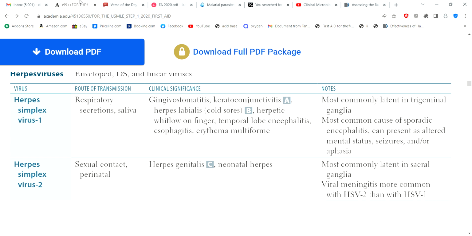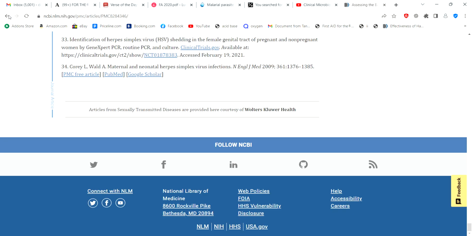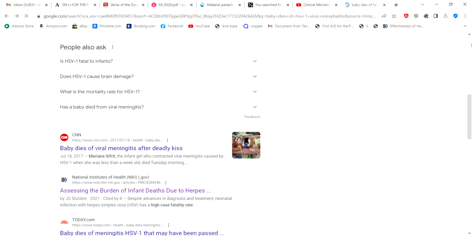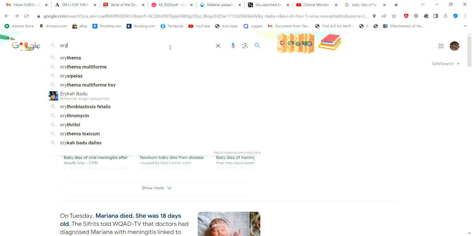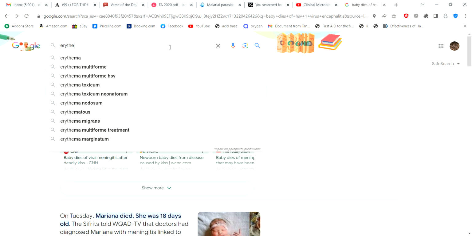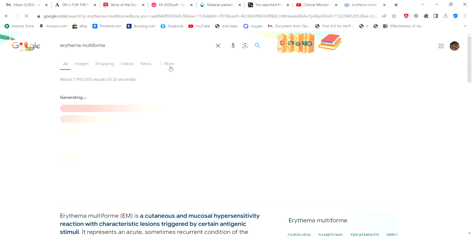Herpes simplex 2. Oh, erythema multiforme.